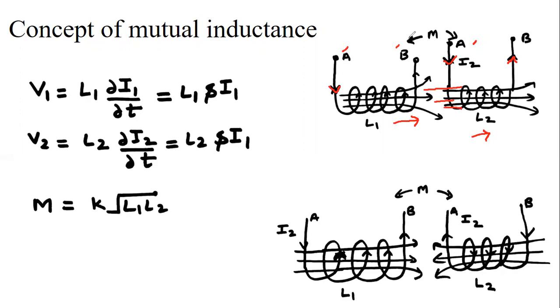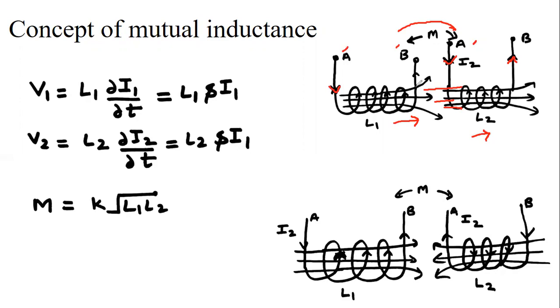Then we can say these two coils are coupled with each other. If the flux of one coil does not link with the other coil, then they are independent coils, and there is no effect of one coil on the inductance of the other coil.